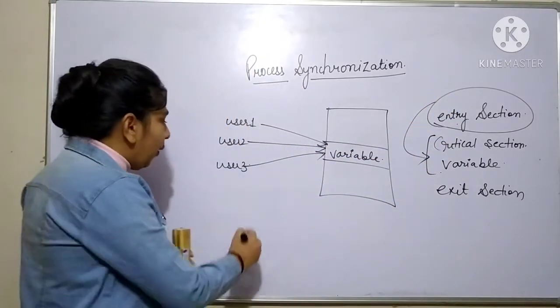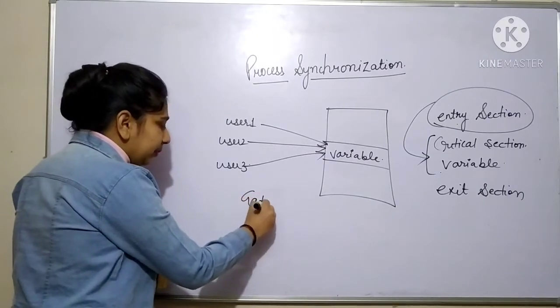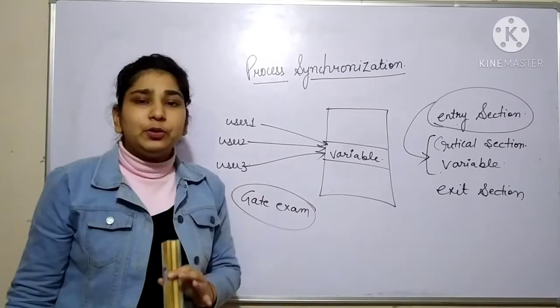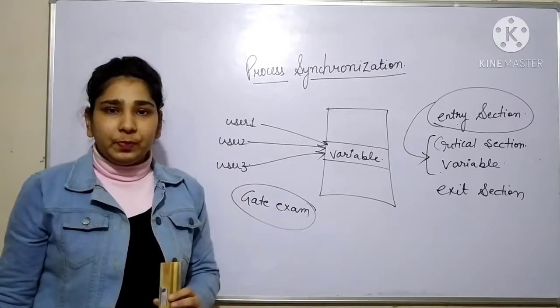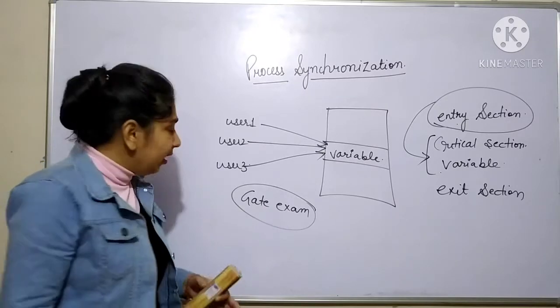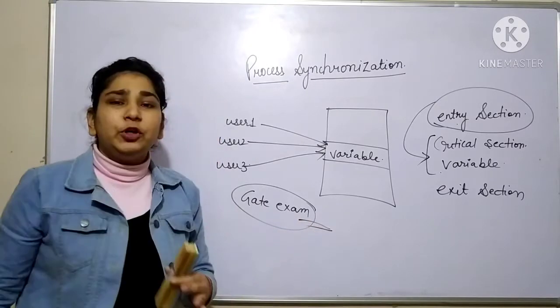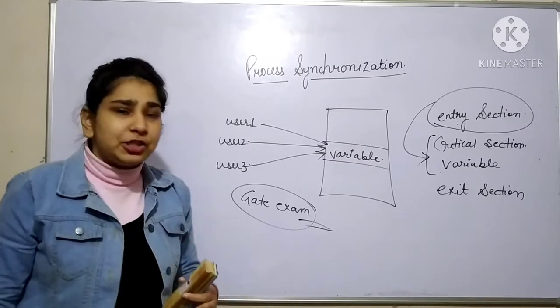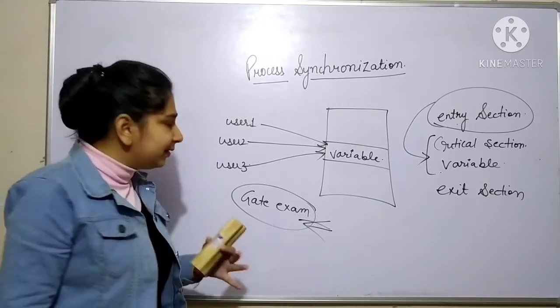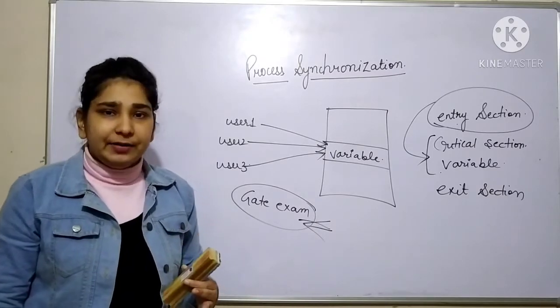If you are going to give the GATE exam, before going to the hall, in the entry section they will first check your ID card or your GATE admit card.